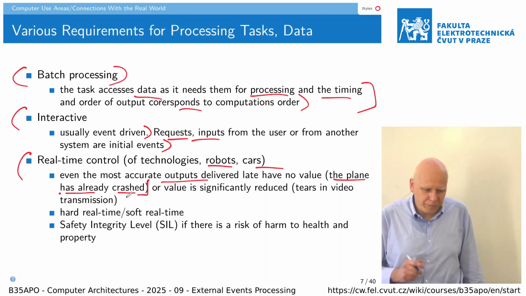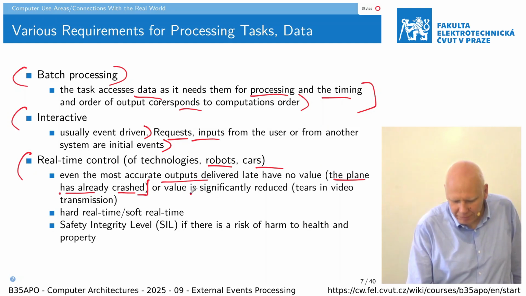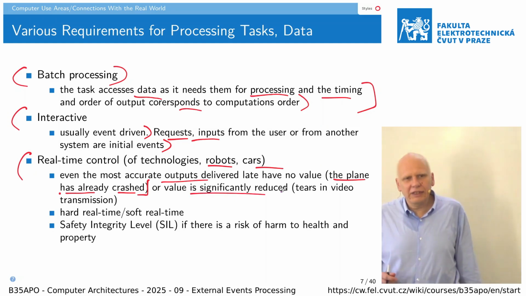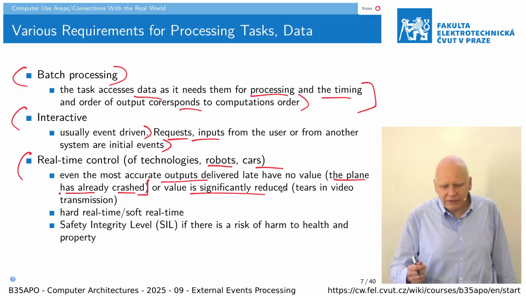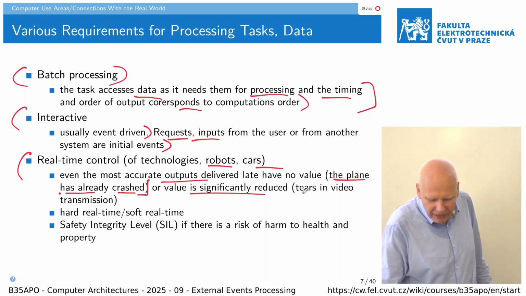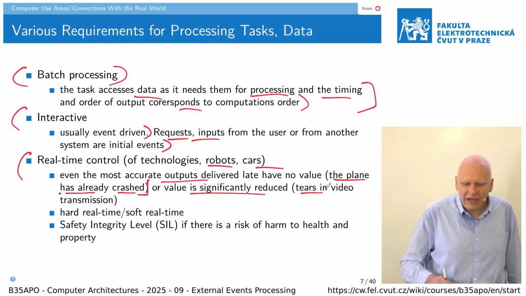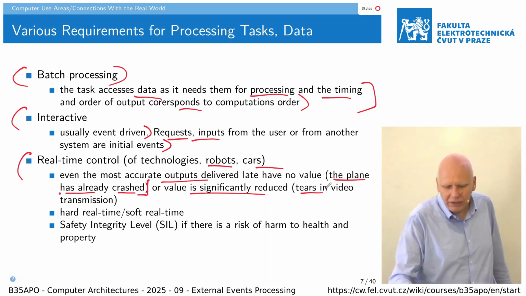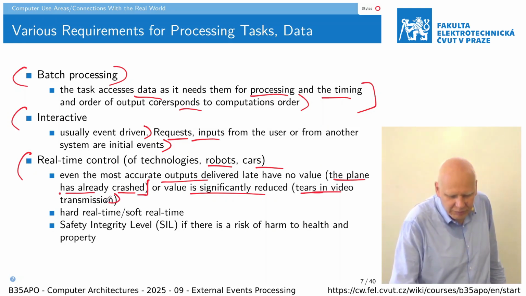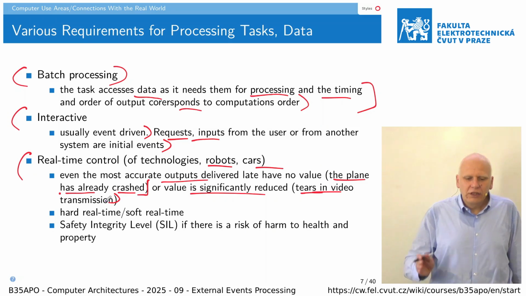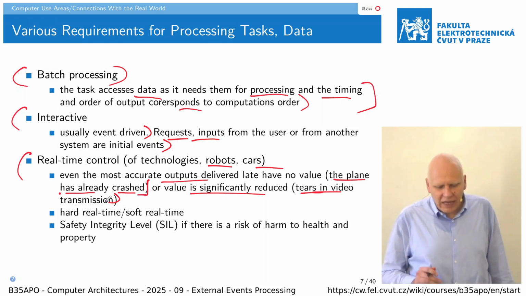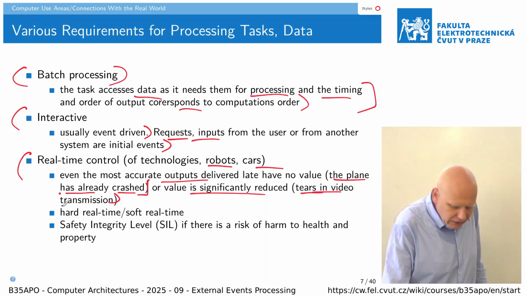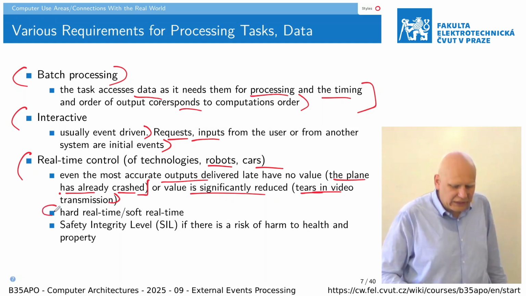Or you can have another application where even if you skip some data or deliver them late, they still have some value, but the quality of service is worse. For example, tears in video transmission and so on. So those applications where timing is critical are called hard real time.